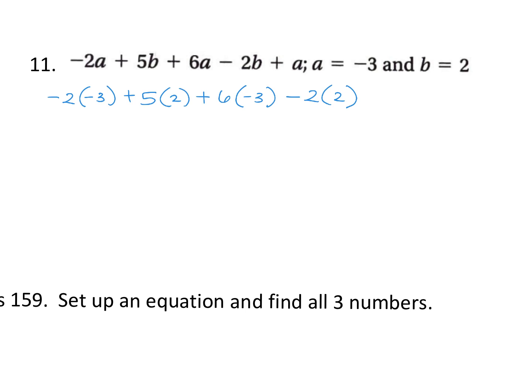Multiply. You're going to multiply everything. So this is going to be a positive 6, a positive 10, a negative 18, and a negative 4. Now what do you have? Addition and subtraction. Solve from left to right.